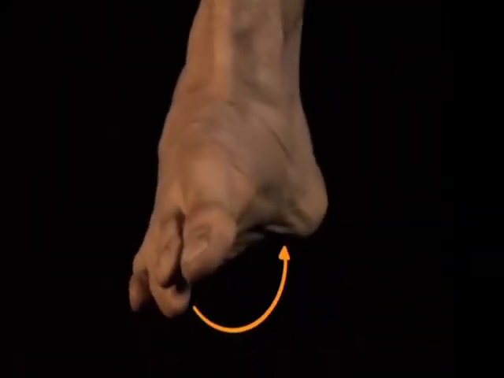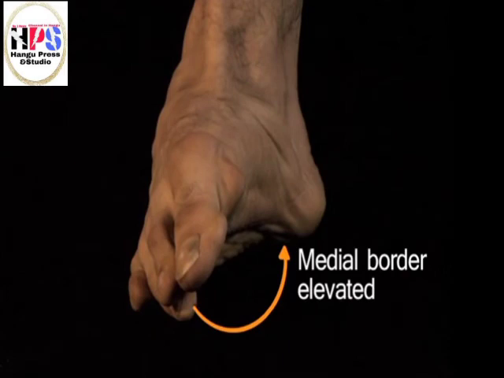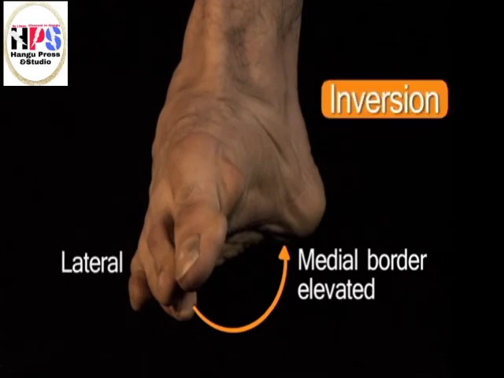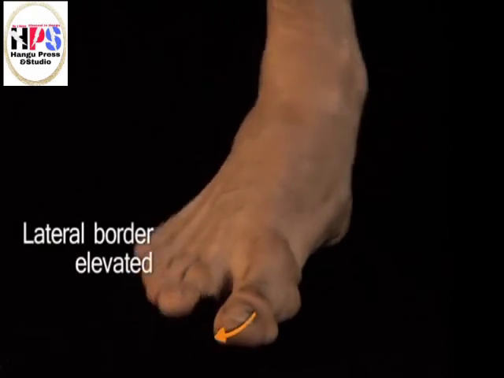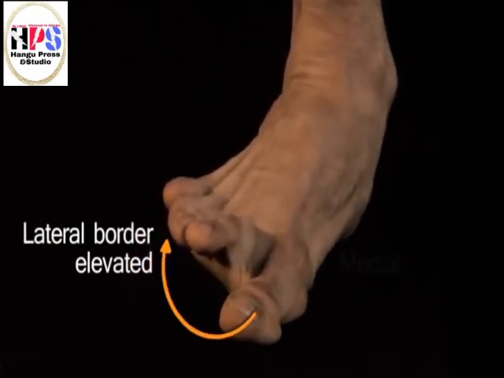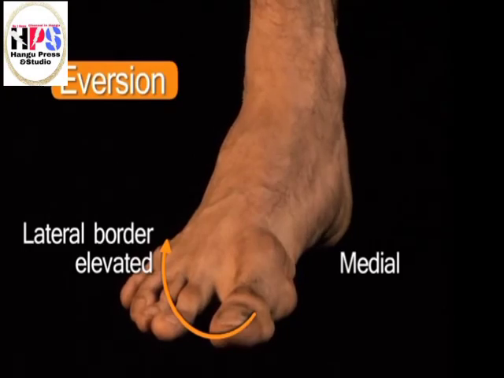Moving further along, various small joints in the foot allow specialized movements of the foot. An inward rotation of the foot, whereby the medial border of the foot is elevated relative to the lateral border of the foot, is referred to as inversion of the foot. And the opposite movement, wherein the lateral border of the foot is elevated relative to the medial border of the foot, constitutes eversion.